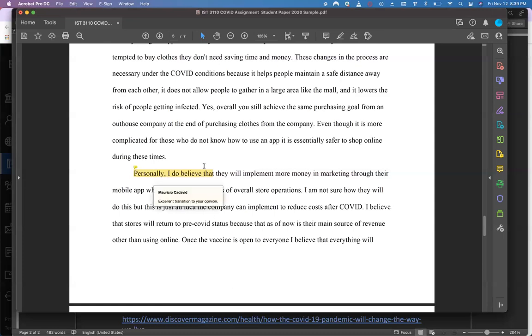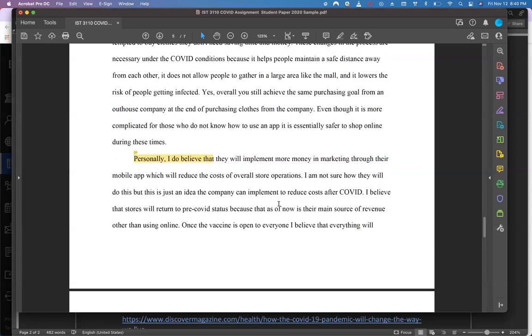So for me to see everything well written and then for him to finish his conclusion with, personally, I do believe that, right? This is telling me this student took this to heart. You know, this directly affected him, be it positively or negatively, right? But the student really took it upon himself to write in here how this affects him at a personal level.